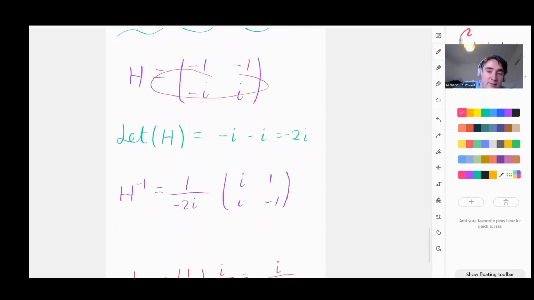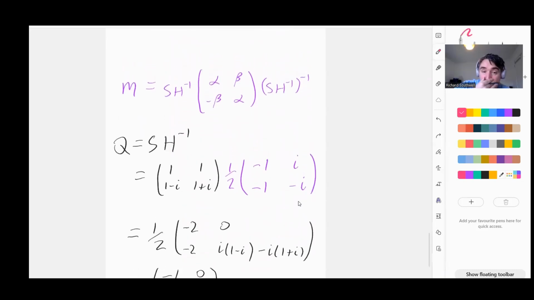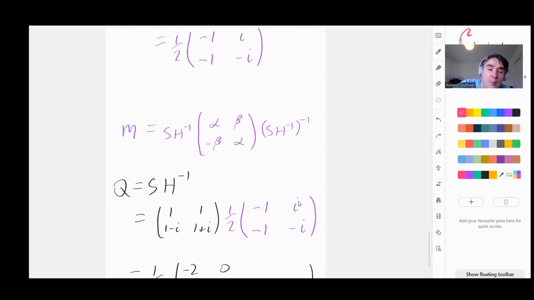We know what H is, and to finish the job, what we want to do is put those two steps together. So we want to show that M here is similar to this rotation matrix here.